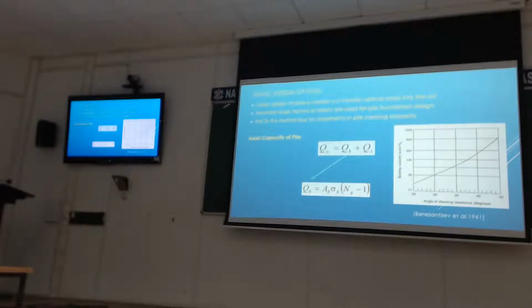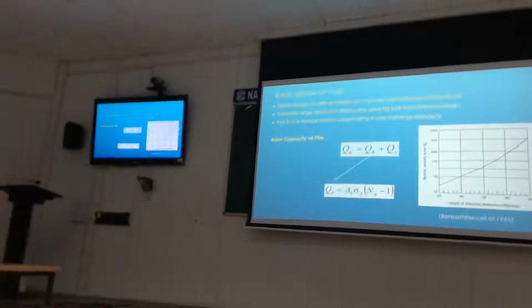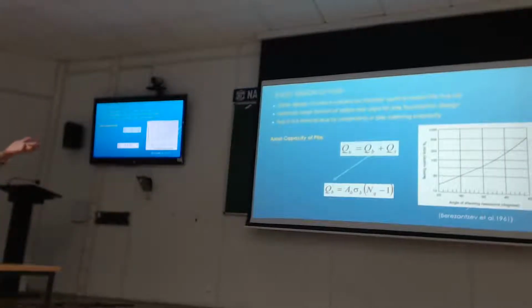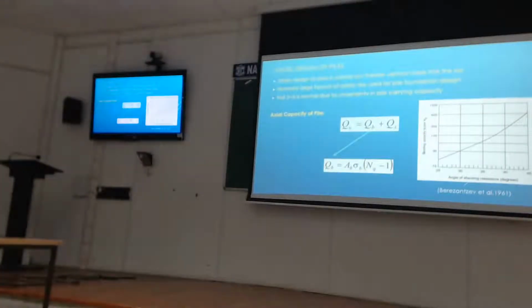The ultimate carrying capacity of the pile comes from the base capacity and the shaft capacity. And base capacity you can work out using this equation where Nq is your bearing capacity factor, as somebody said. This was done by Berezantsev back in the 60s.